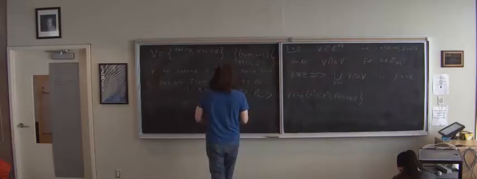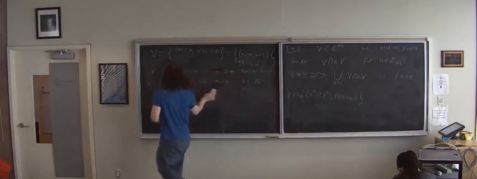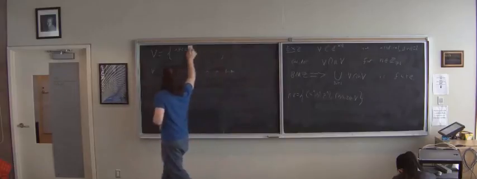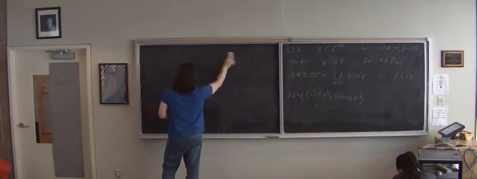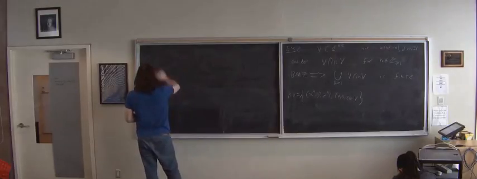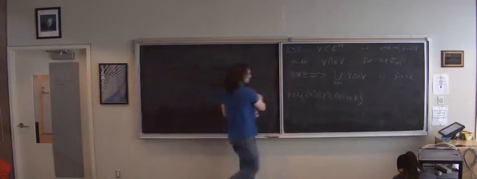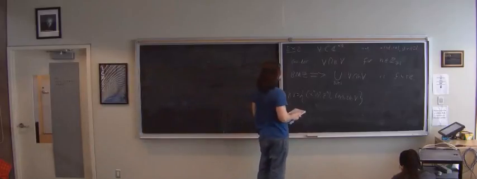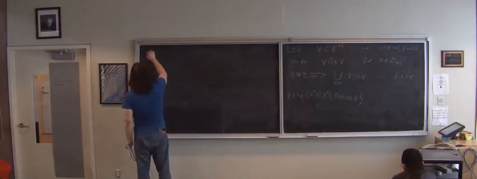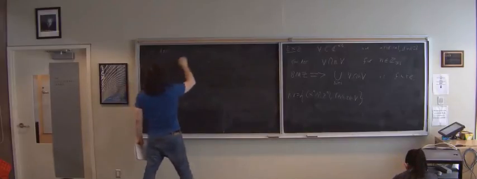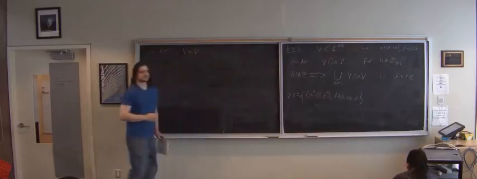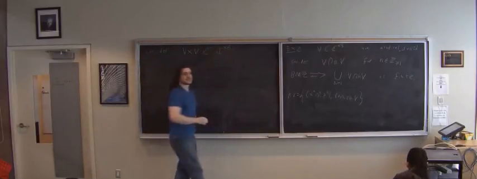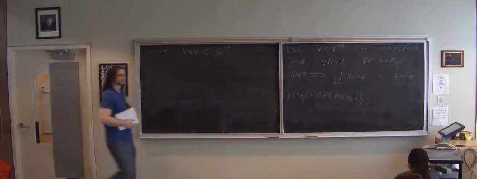Okay, let me explain why B of Z implies this. So consider V cross V, and this is now a surface which is sitting inside a 6-dimensional C star.